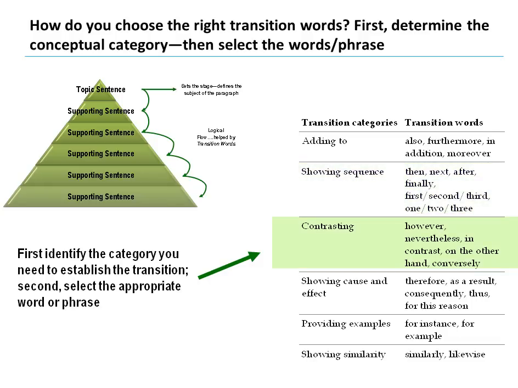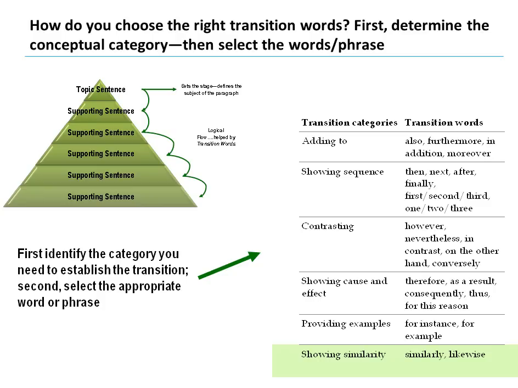Contrasting, however, nevertheless, in contrast, on the other hand, conversely. Showing cause and effect, therefore, as a result, consequently, thus, for this reason. Providing examples, for instance, for example. And showing similarity, similarly, likewise. These are the basic transition categories that link concepts.